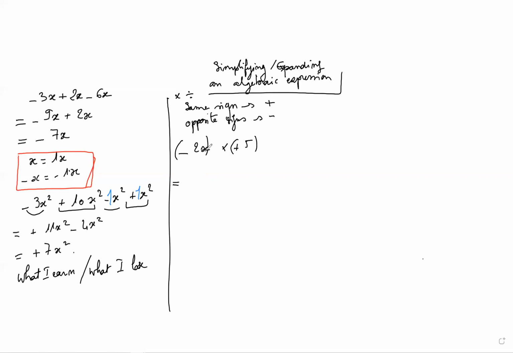It might be a negative one, so you don't know about the sign of this, but still the signs you can see are opposite, so the result will be negative, and then you multiply this by this. Please remember that 2x is 2 times x, and it's a multiplication, so you can change the order of these two factors, and this is going to be equal to 10x, right?